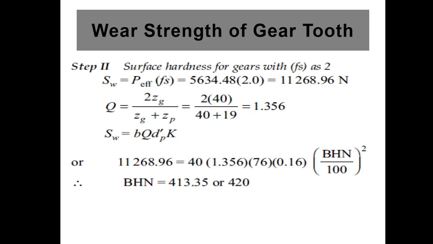Now the second step asks for the surface hardness of the gears. The factor of safety is already given as 2. We know that wear strength is equal to P effective into factor of safety.